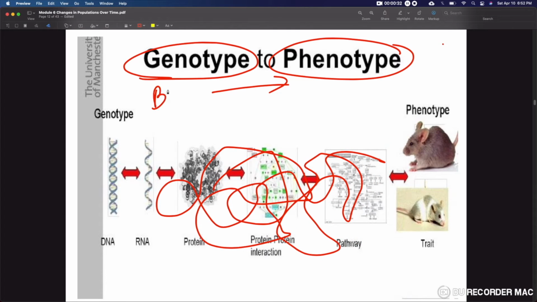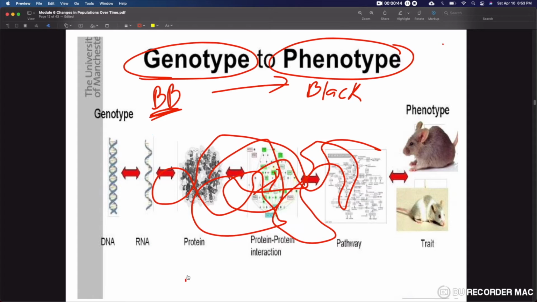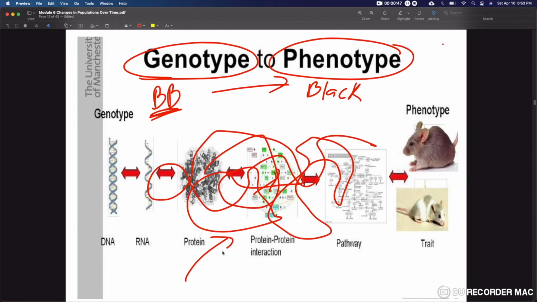It's not always that your homozygous dominant black genotype would produce a black phenotype here. There may be interactions of your proteins with each other. The environment can go in here too. Different genes could again interact and produce a phenotype that is different from your genotype here.